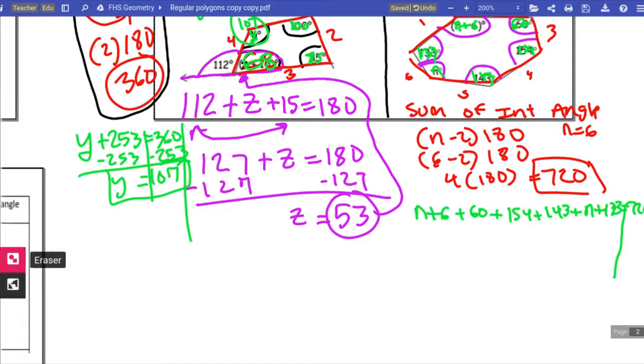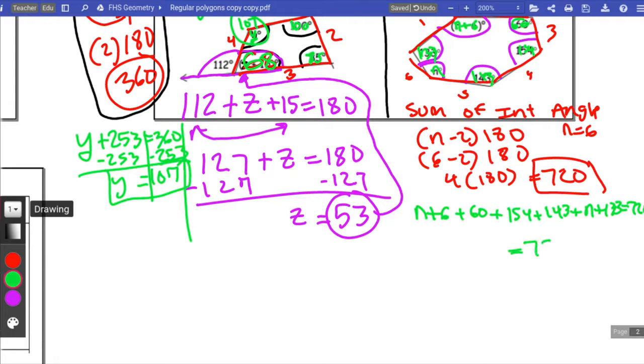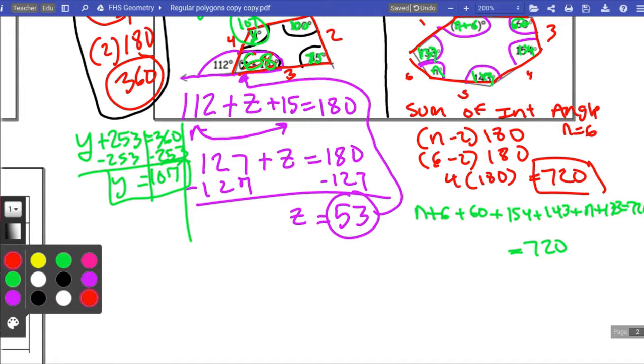So how do we do this? Well, I know 720 is over here. Let's figure it out. I'm going to add the like terms first. My like terms are n plus the n here. That should give me 2 n's.